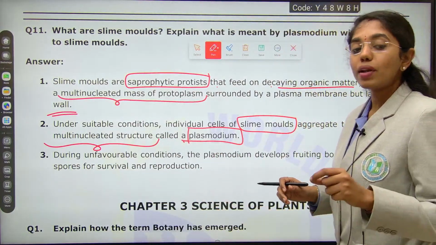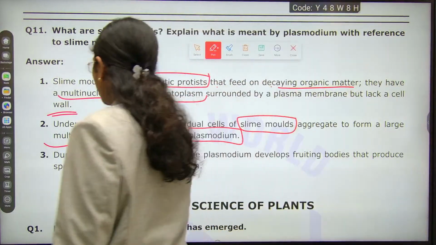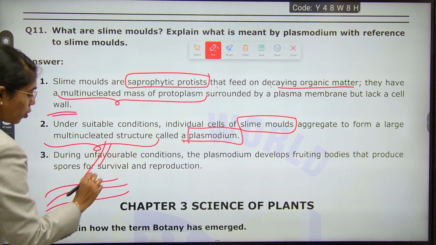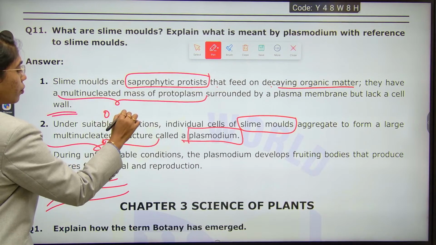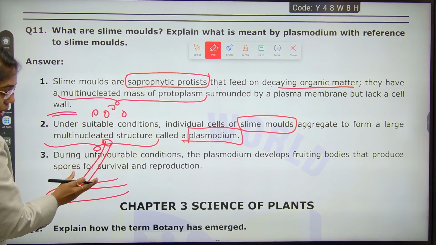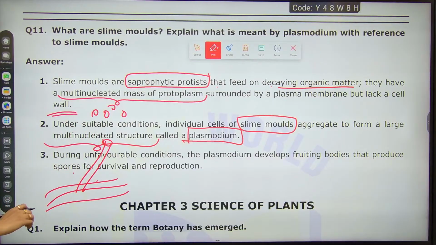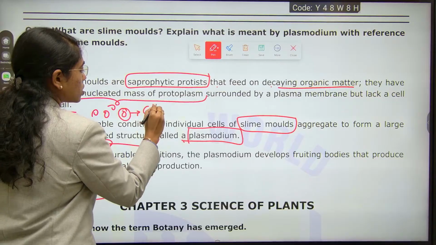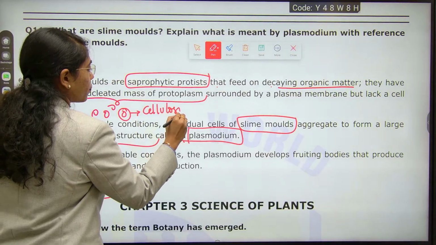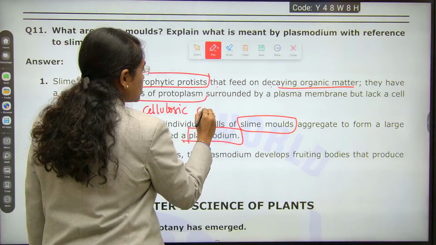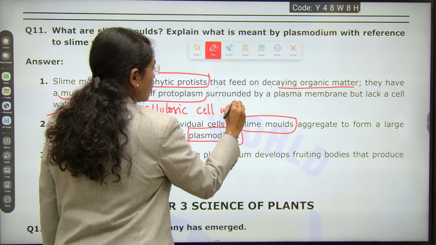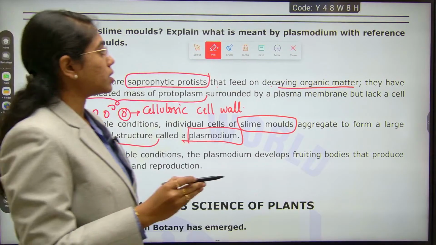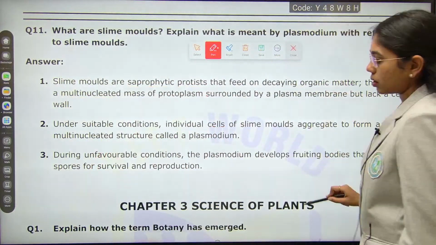These spores will have a cellulosic cell wall. Fine, clear till here?